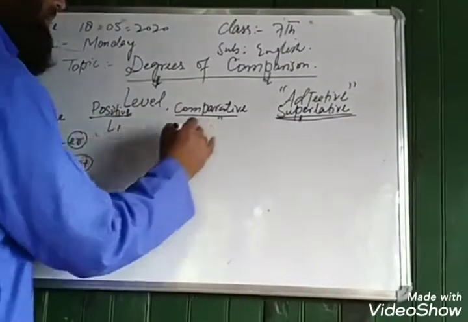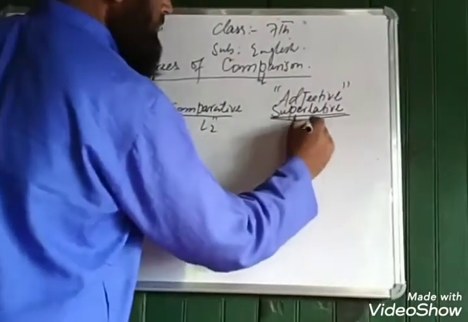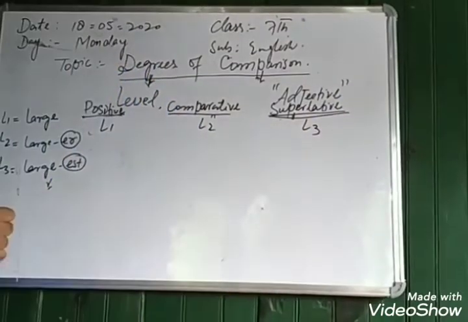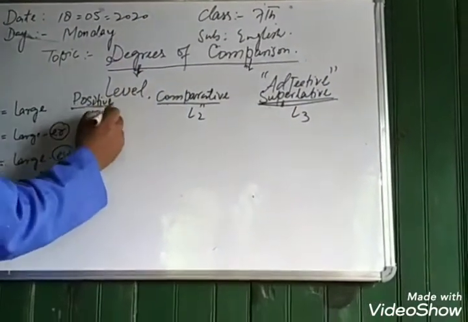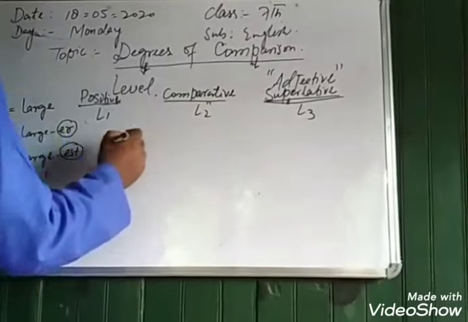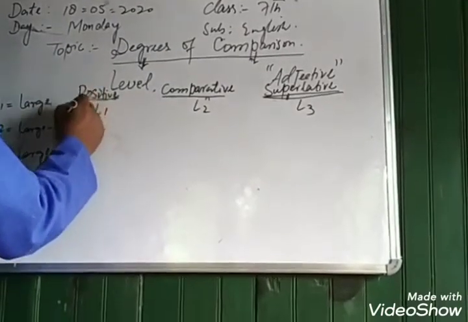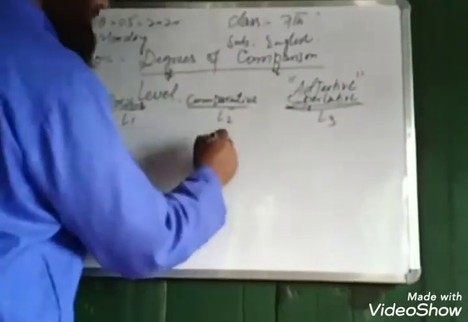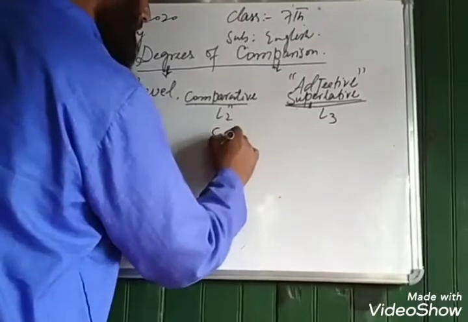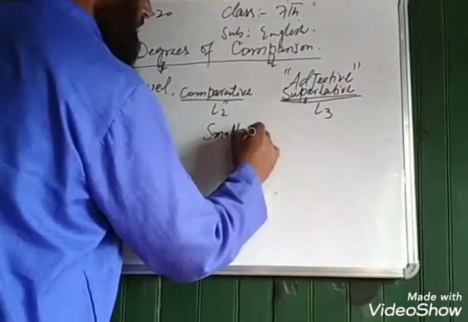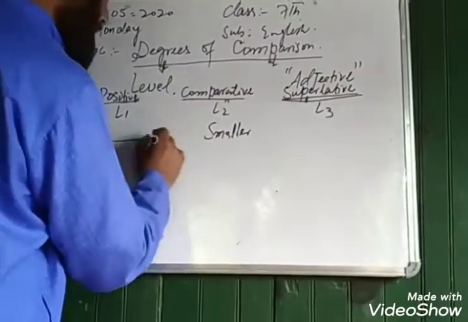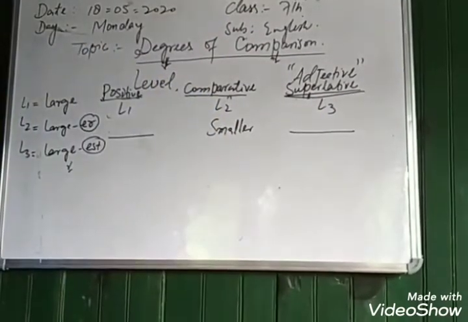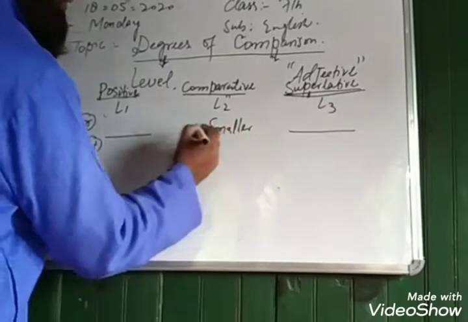L1, L2, L3. Like this. If I write smaller, what are the other two levels of the adjective?